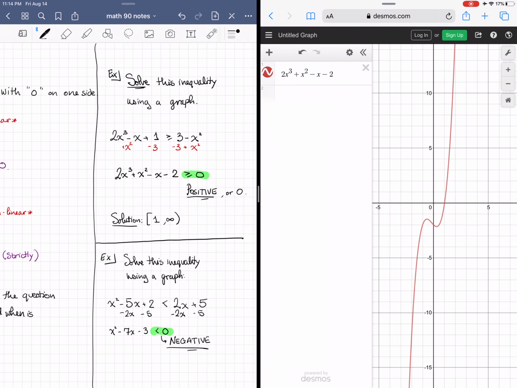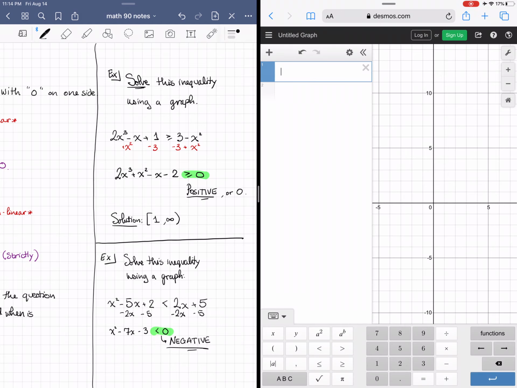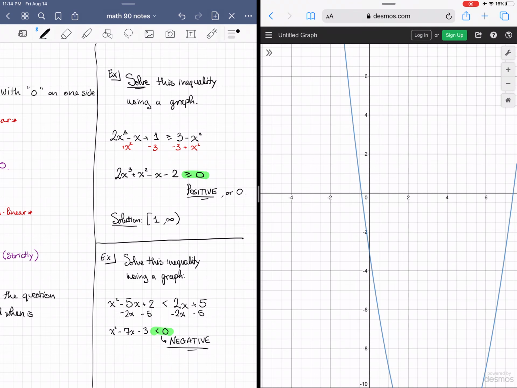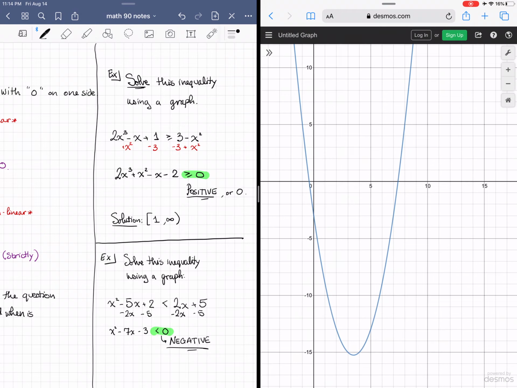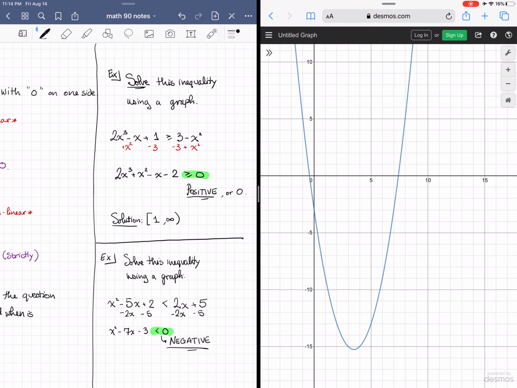So now let's go back over to Desmos. Let's X out this previous example. And now let's look at x squared minus 7x minus 3. Okay, so there's the graph, and I'm going to zoom out a little bit so I can see the whole thing. Okay, and so I want to know when is the value of this expression negative.